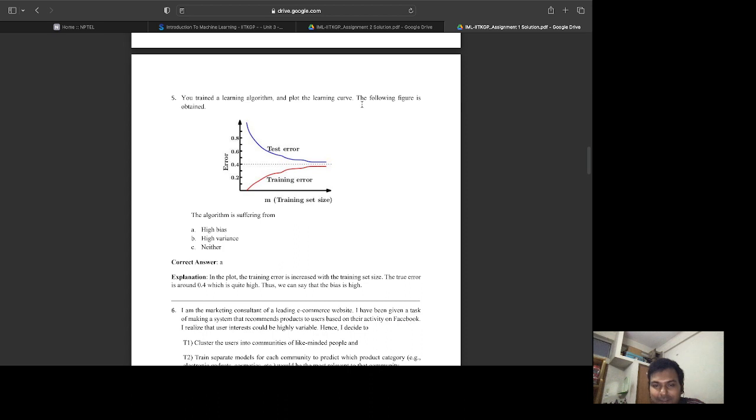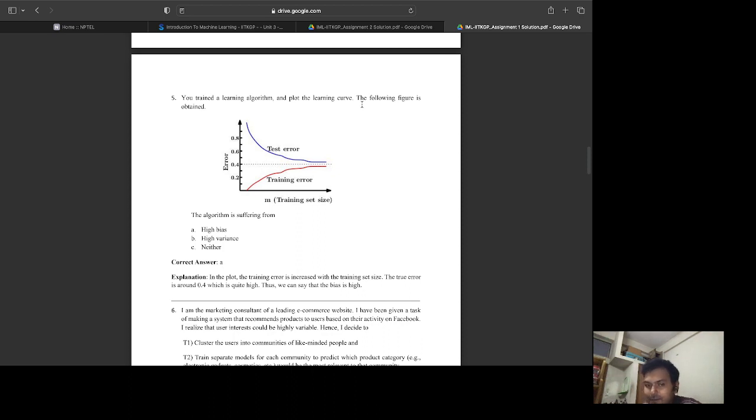Yeah, so I think what he is trying to say here is that the question probably should have marked which region they are actually referring to. This particular diagram is one diagram, this diagram is another diagram, okay? It's not that only if they become parallel will they be high bias.